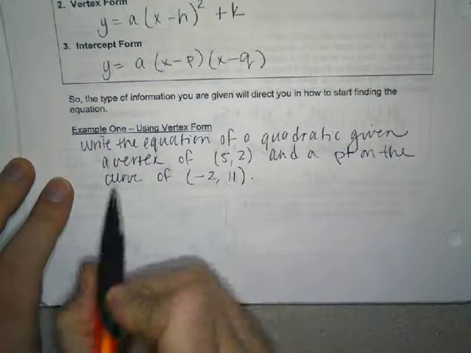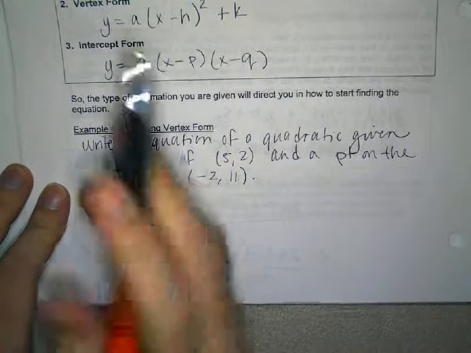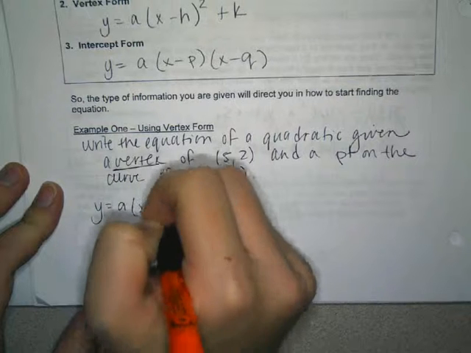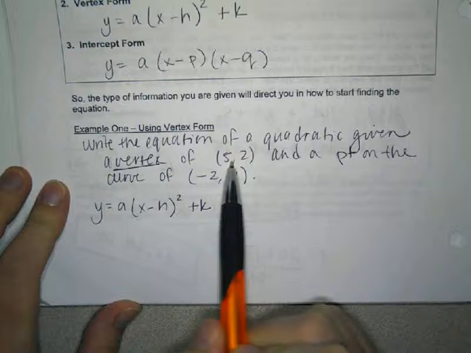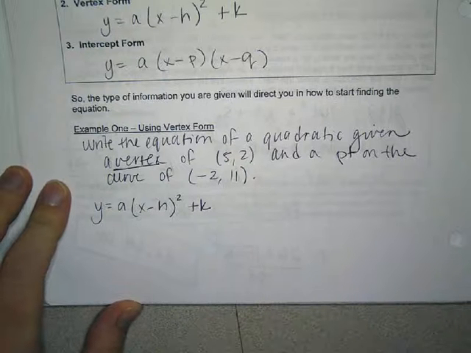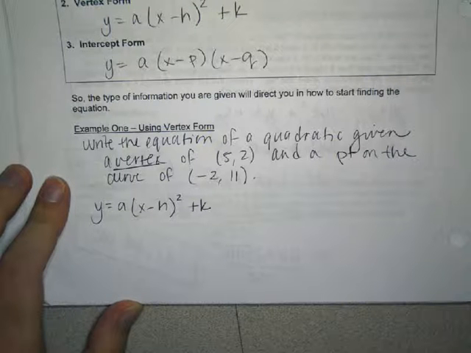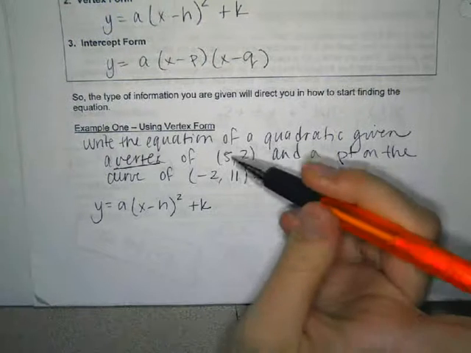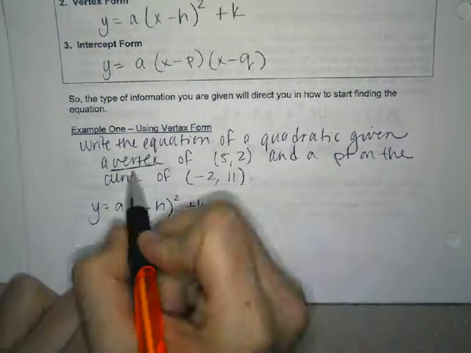Now because they give you the vertex, that indicates what form you're supposed to use. So I'm going to use the vertex form to start my problem off. And I have 4 numbers. Now these 4 numbers do plug into 4 different places. However, you have to be careful that you identify what variable each of these numbers pair with. So a vertex of (5, 2).